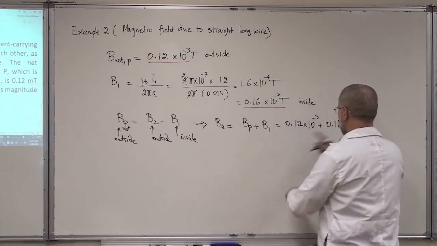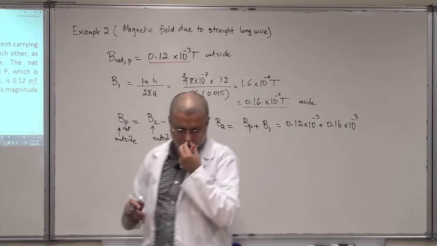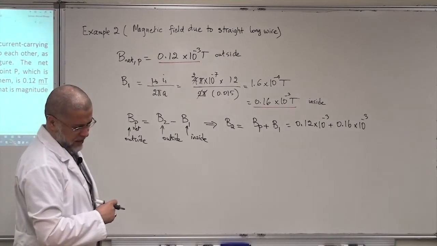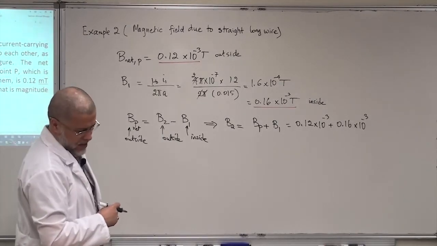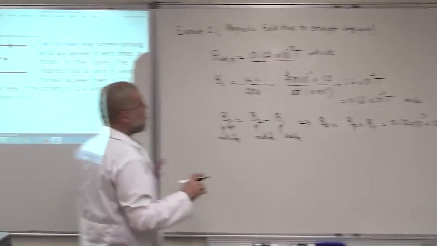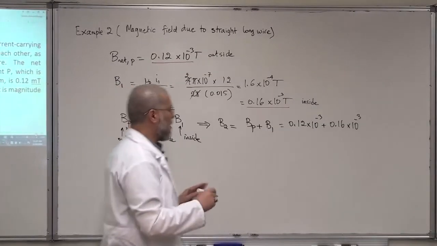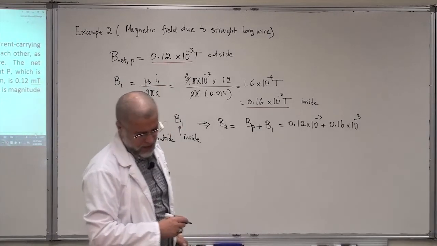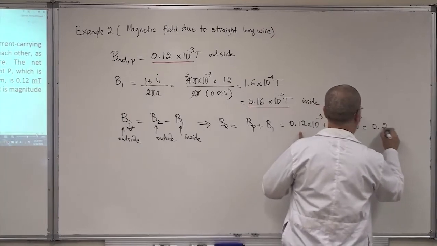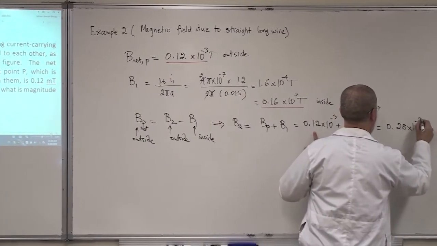This is the magnetic field at point P due to B2, due to the current I2. That's the magnitude of the magnetic field, and it has to be outside. It is 0.28 times 10 to the power minus 3 Tesla.